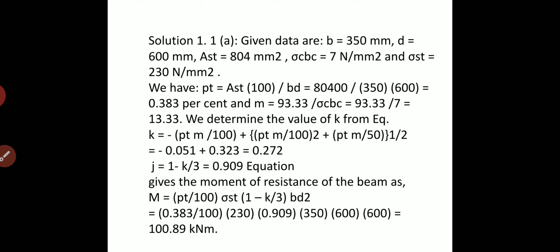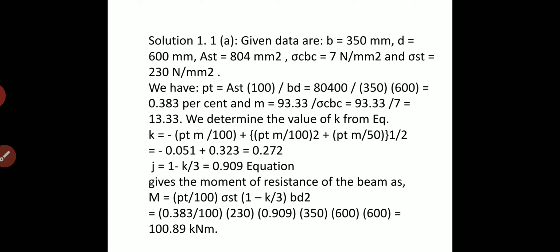So the values from these equations are equal to minus 0.051 plus 0.323 equal to 0.272. This is the value of K. Now we find the value of J, which is J equal to 1 minus K by 3.